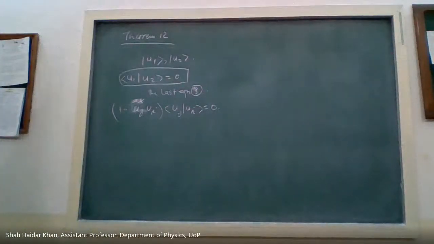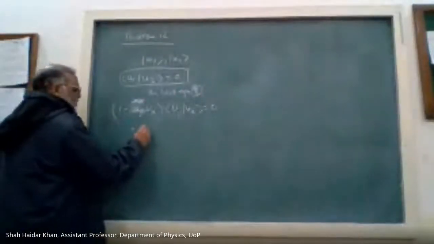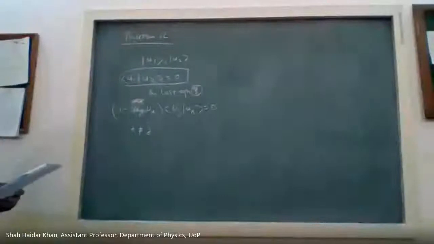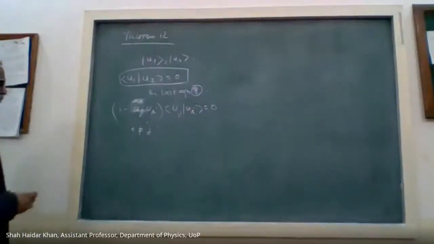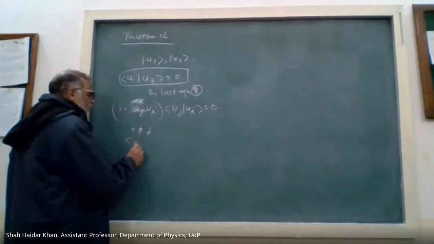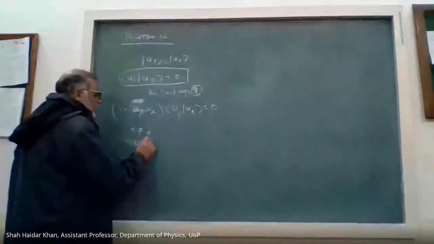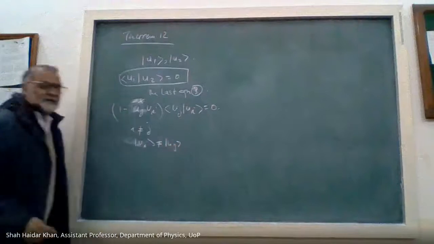So we take different eigenvectors. So for this, i is not equal to j. When i is not equal to j, then u_i is not equal to u_j. They are different.